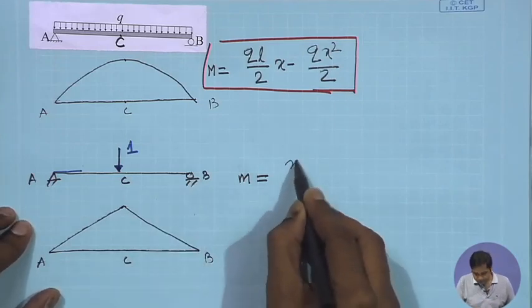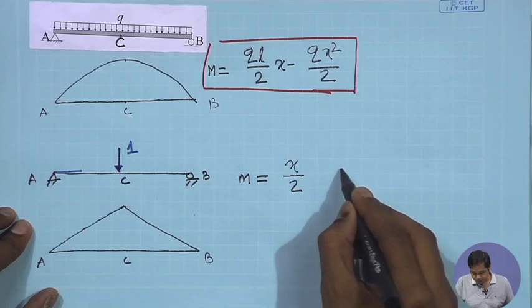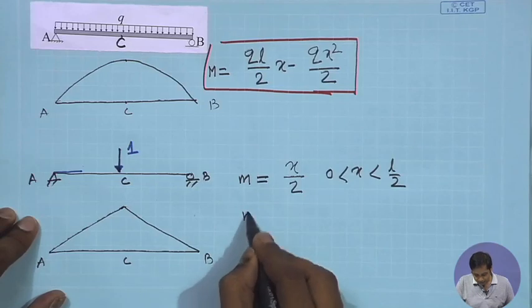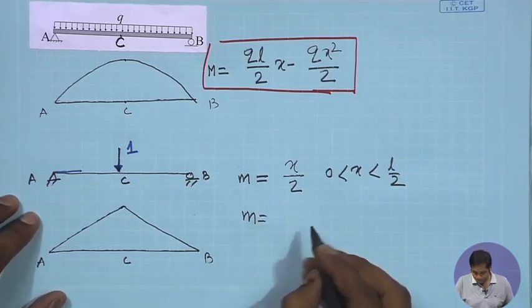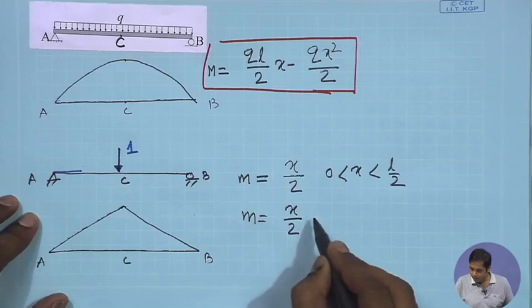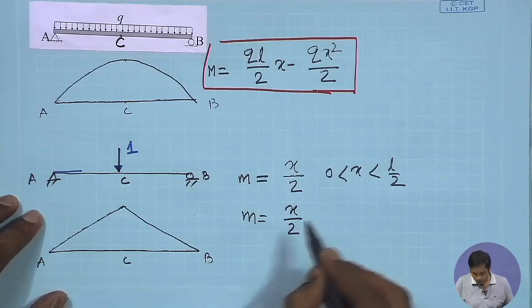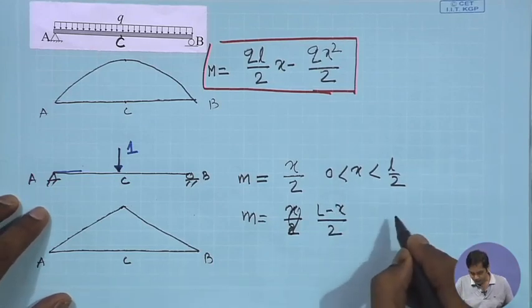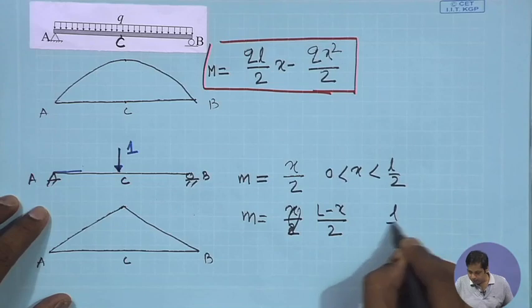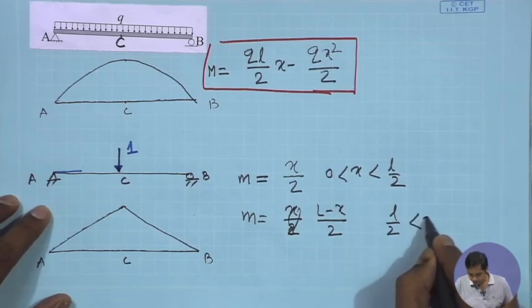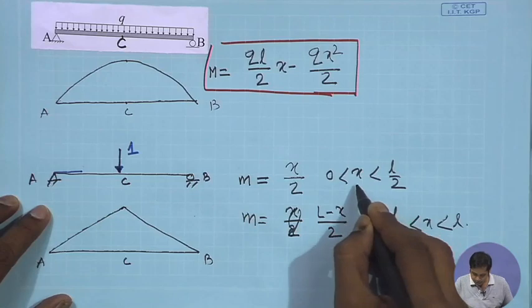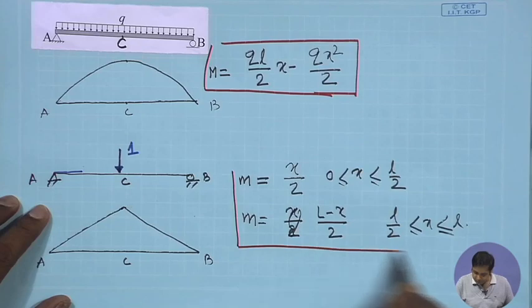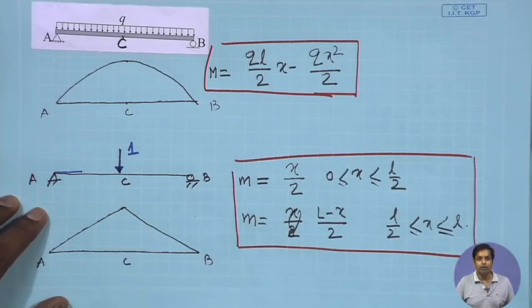It will be x by 2, where x is between 0 to L by 2, and m is (L minus x) by 2, the final expression, where x is between L by 2 to L. Okay. So this equality is also valid. So this is the bending moment for the unit load. Okay.